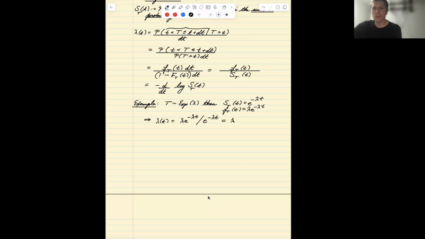It's constant for all t. In actuarial science, this is called constant force of mortality. It's also tied to the memoryless property. The hazard rate, the failure rate, does not change with t. It doesn't matter how long or how short something has lived, the hazard rate stays the same.